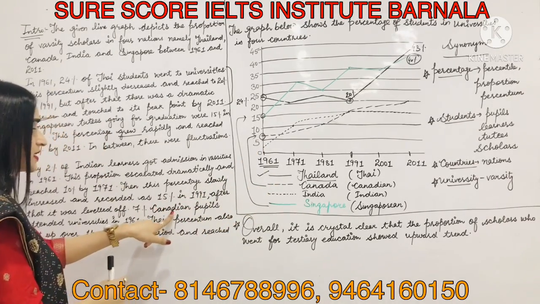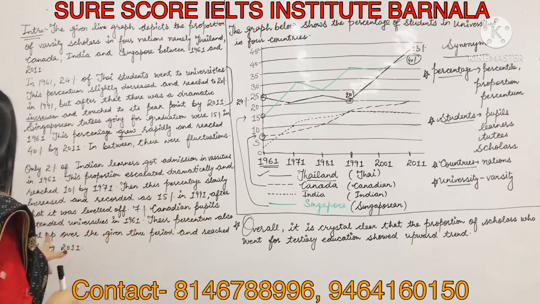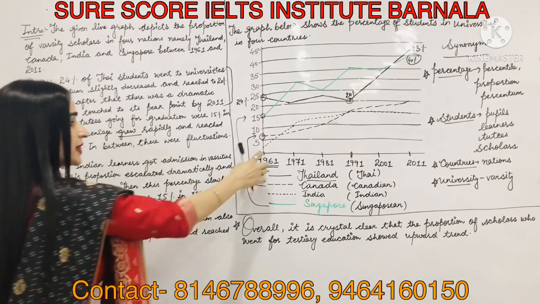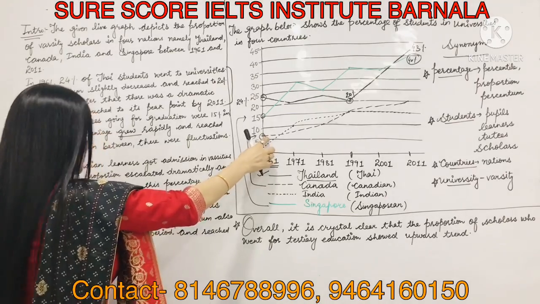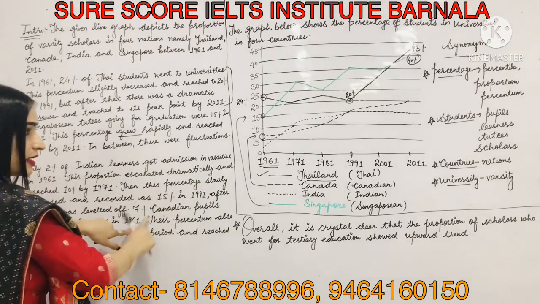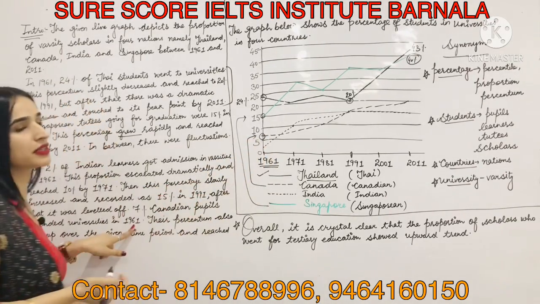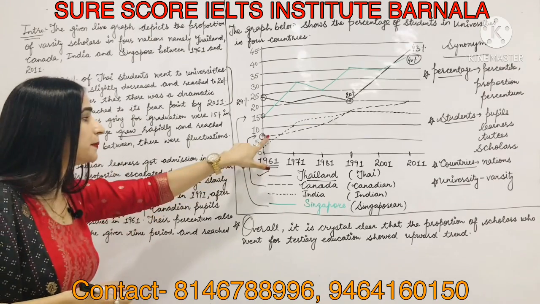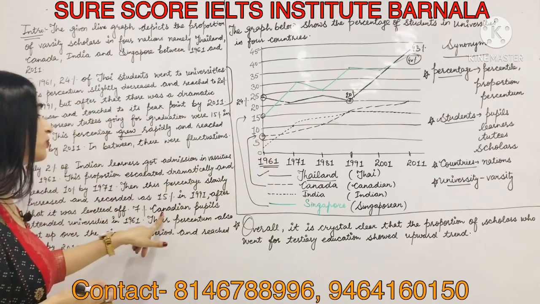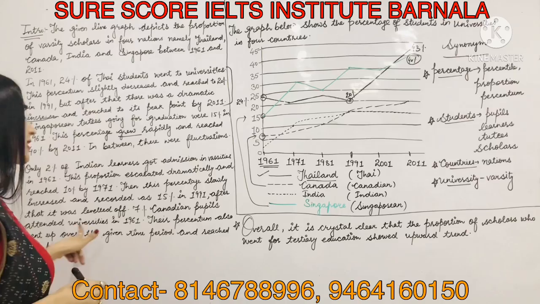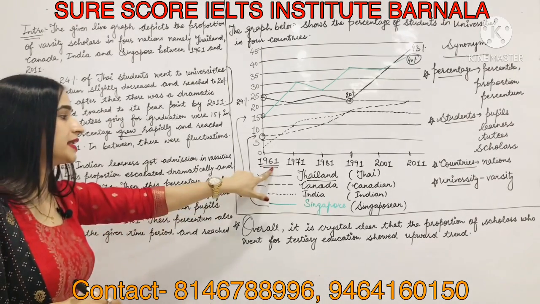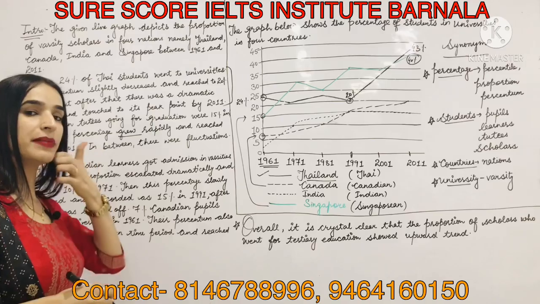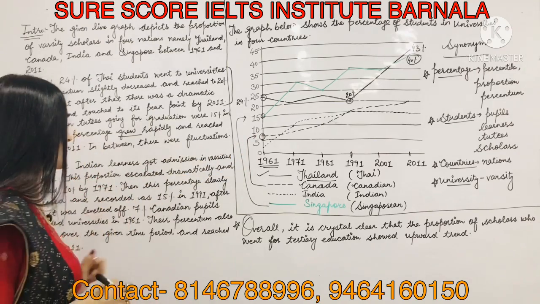Canadian students, or Canadian pupils, attended universities in 1961. That was 7%. So you can say that 7% of students who were from Canada attended universities in 1961, and the value, as we mentioned earlier, was 7%.